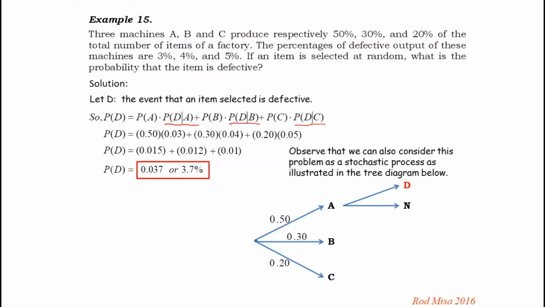But this machine A can produce on the average 3% defective items. So therefore, the production of non-defective items is 97%.